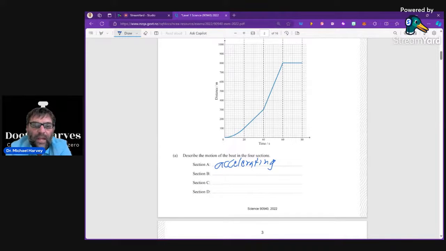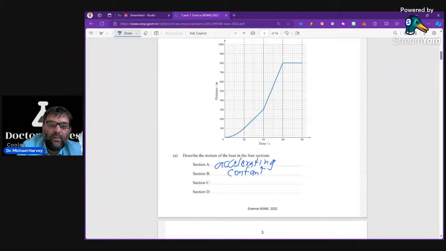For section B, from 20 seconds to 40 seconds, you can see it's a nice straight line in terms of the gradient of the distance time graph. That's known as constant speed.